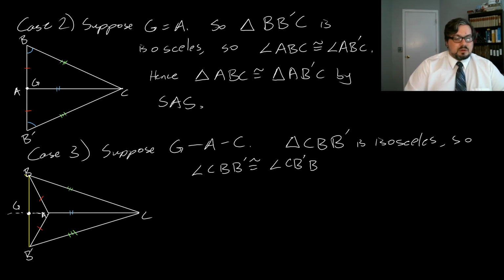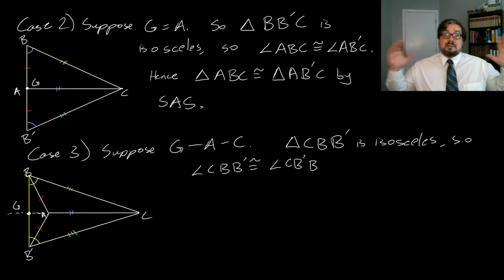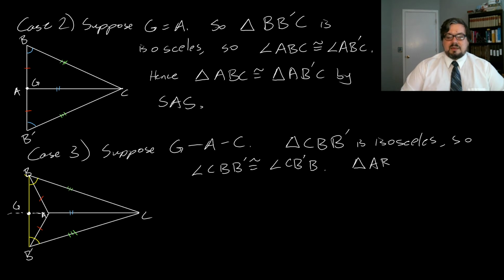So we'll go ahead and note them this way, because they're the angles inside the big triangle that we have here. But we can also look at the triangle ABB'. Triangle ABB' is isosceles.